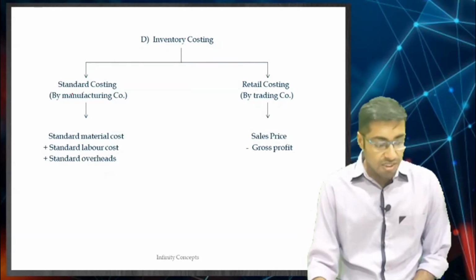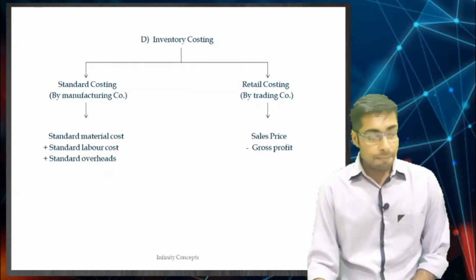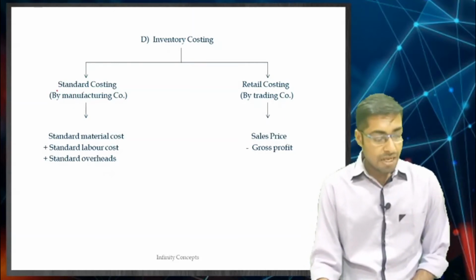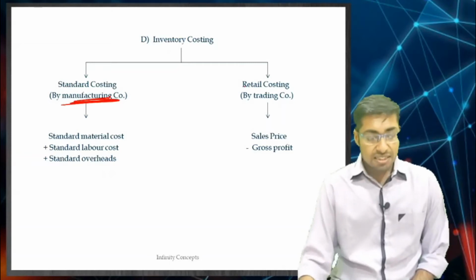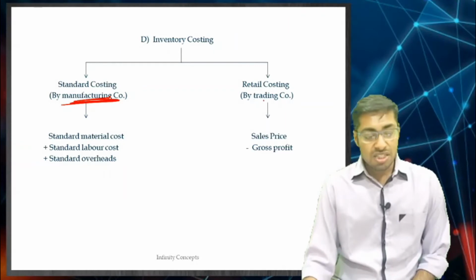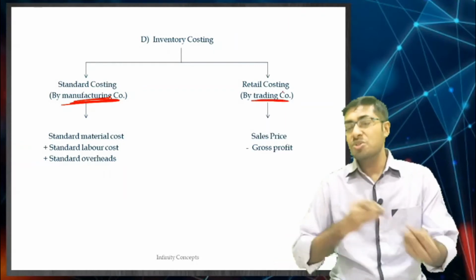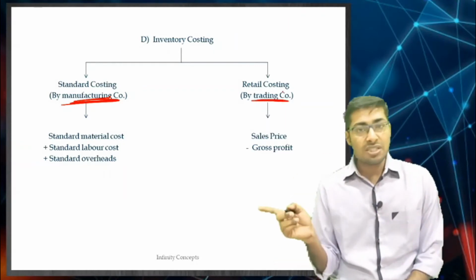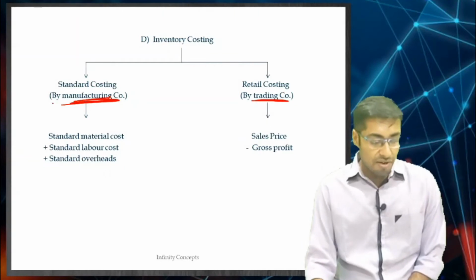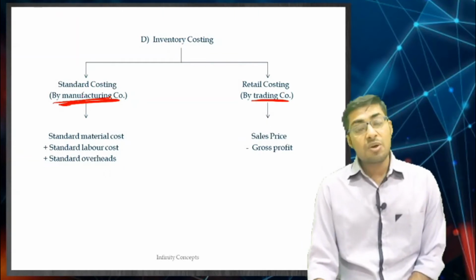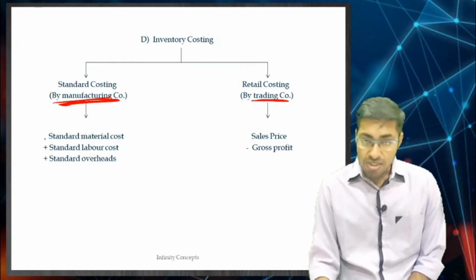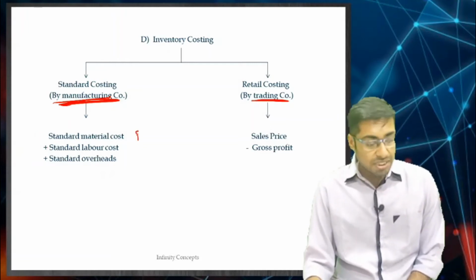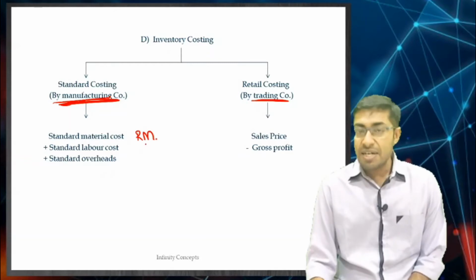So, standard costing is used by manufacturing companies, and retail costing is used by trading companies, those who do trading. For them retail costing is required, and for manufacturing companies standard costing is required. Now, what is standard costing? Standard material cost, so your raw material cost, plus standard labor cost.